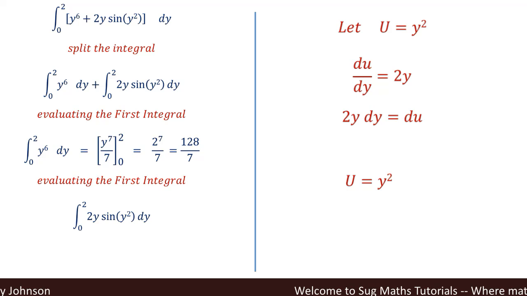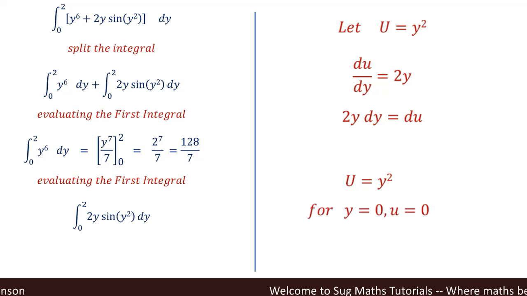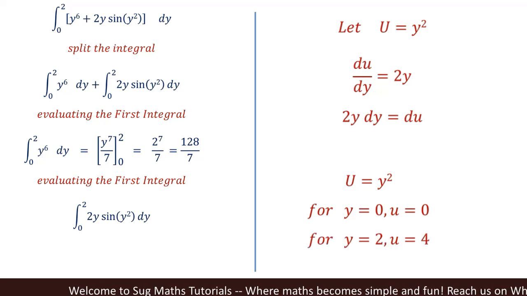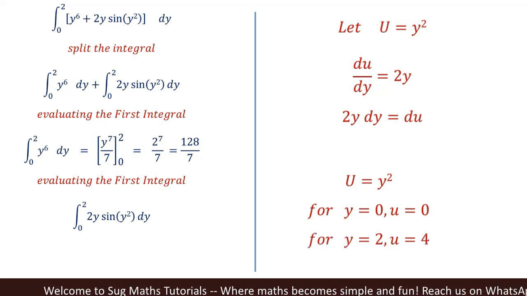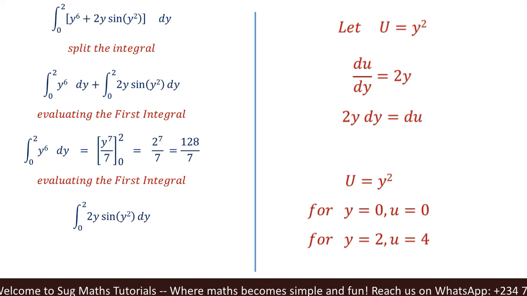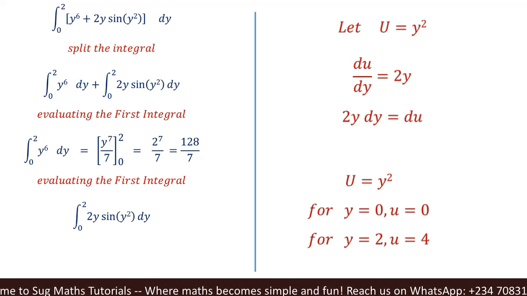When y is equal to 0, what happens to u? u is equal to 0. And when y is 2, because the boundary is from 0 to 2, what happens to u? u is going to give us 4.